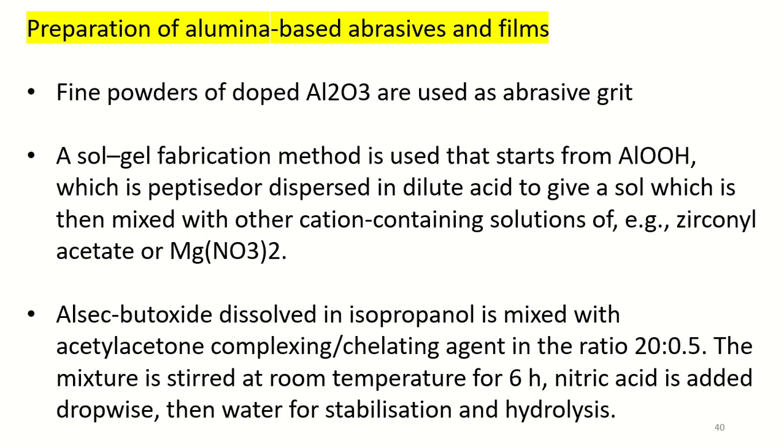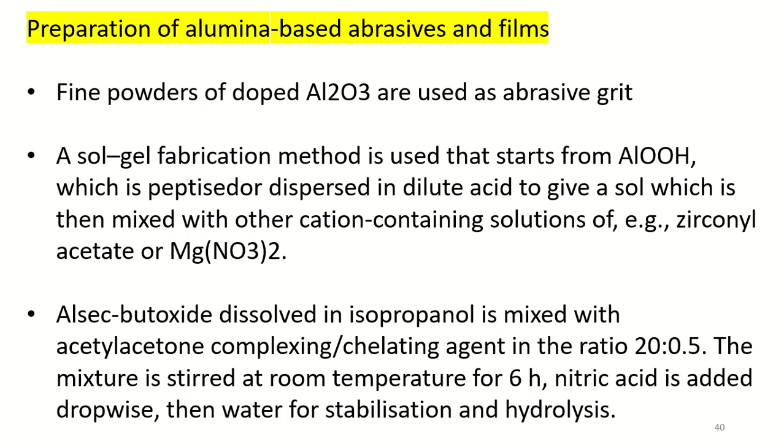Then water is added for stabilization and hydrolysis. The solution is refluxed at about 80 degrees Celsius for 2 hours and is then ready for coating on a substrate, which should be followed by firing to give an adherent aluminum oxide film.